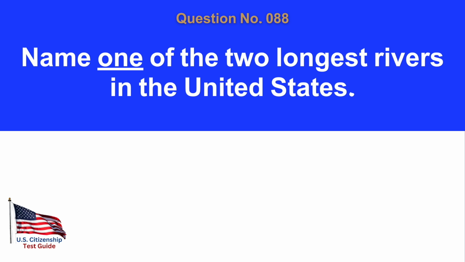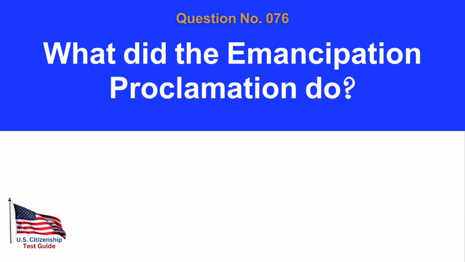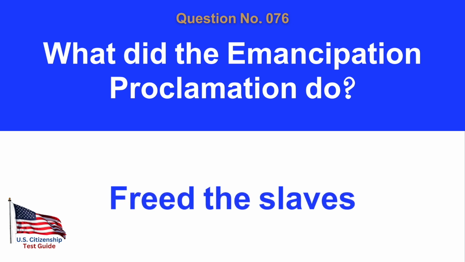Name one of the two longest rivers in the United States. Missouri River. What did the Emancipation Proclamation do? Freed the slaves.